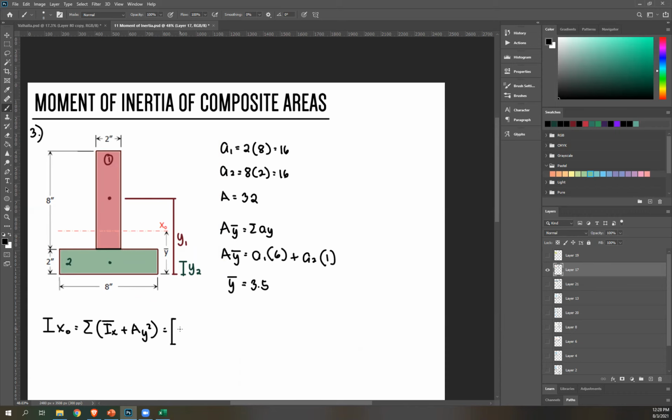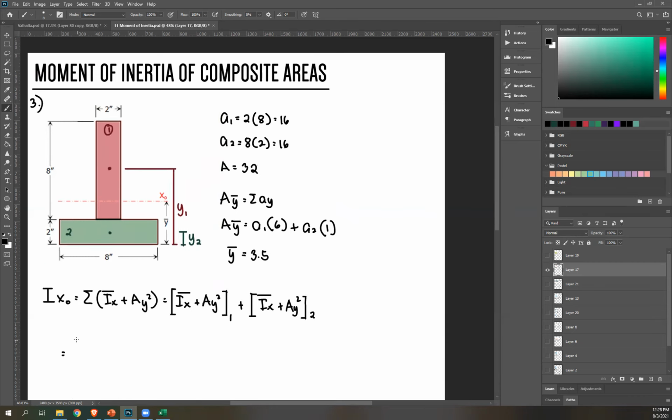So that's IX bar plus AY squared of block 1. So this signifies all values for block 1, and then plus IX bar plus AY squared of block 2.